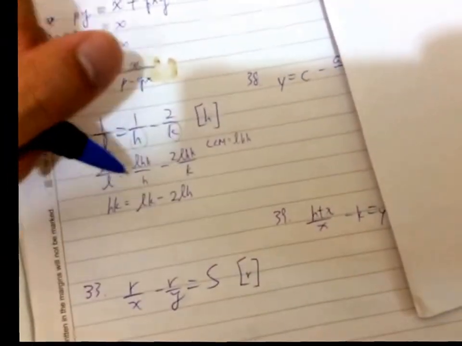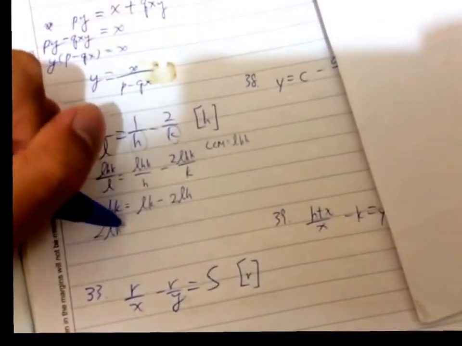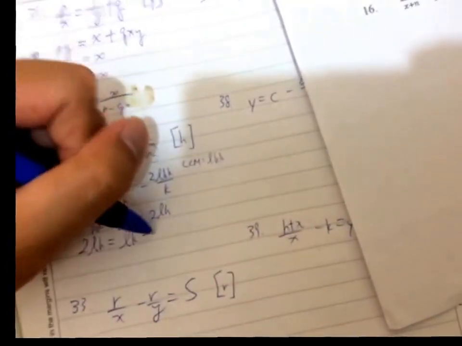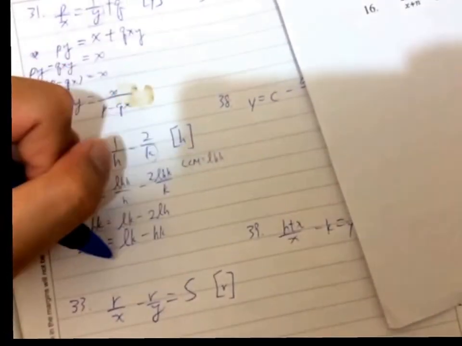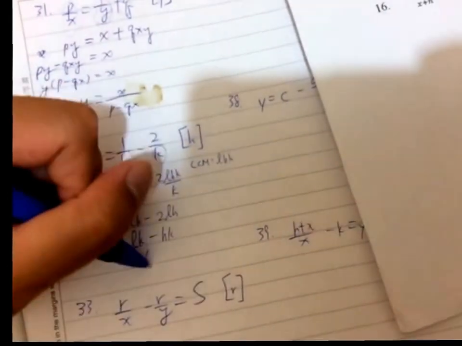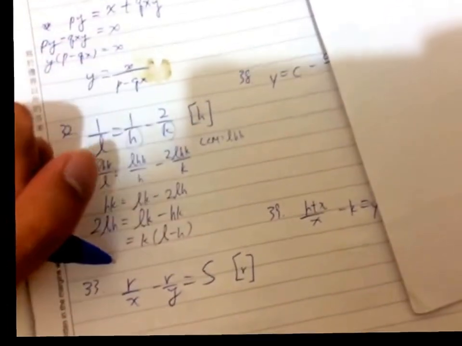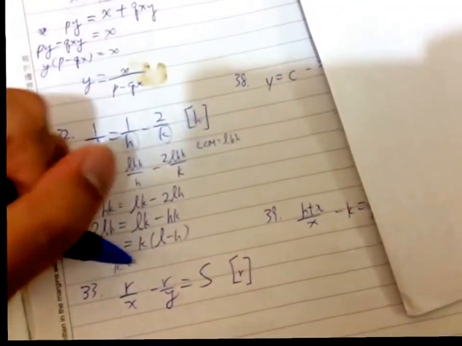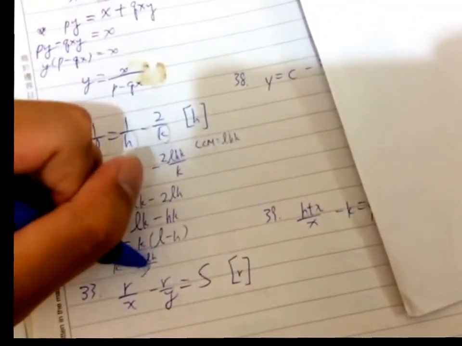This is a negative term, so I better move it to the left hand side to become positive, and this one I will move to the right hand side. So k will be on one side, other things on the other side, and then factor out, and then k will be this one over this one, and no k on the right hand side, then it will be correct.